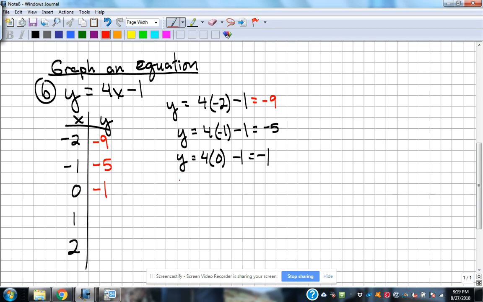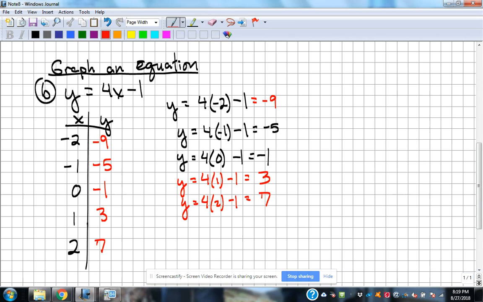I get to the positive numbers. They're even easier now. So 4 times 1 minus 1, that's 3. 4 times 2 minus 1, 8 minus 1 is 7. That math I can do. Okay? What I've got now is 5 ordered pairs. Do I need 5?